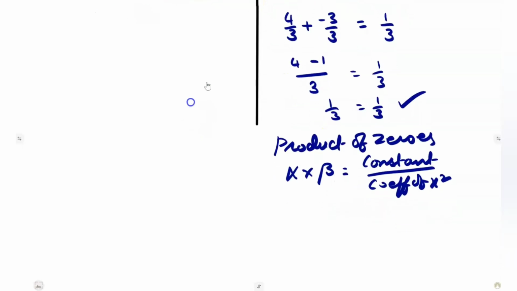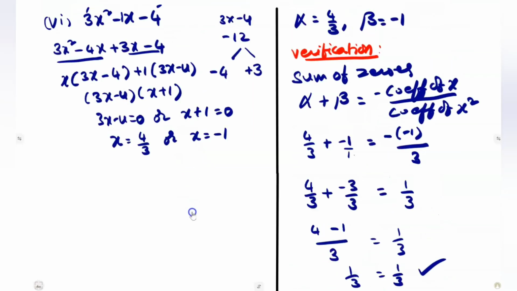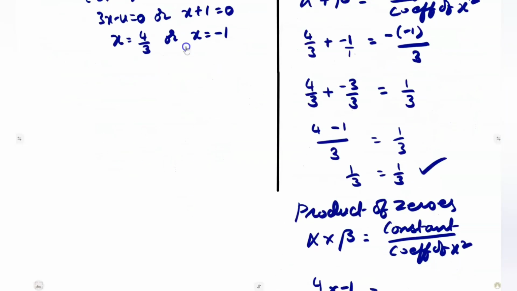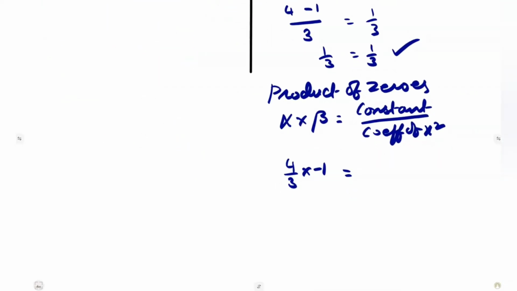Let us take that: 4 by 3 times minus 1. On this side the constant is minus 4, by the x square coefficient, which is 3. So 4 by 3 into minus 1 is minus 4 by 3, and on this side also we got the same, minus 4 by 3. So the product of zeros is also verified.